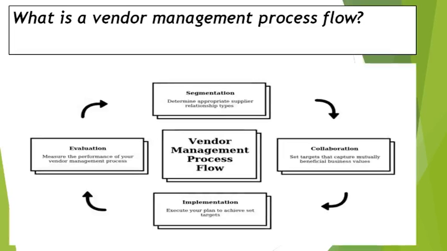So over here is the diagram which you can see, as we had already stated the 4 stages. Over here it is a circular flow of motion. As you can see, there is the segmentation, collaboration, implementation and evaluation. With this we have come to the end of the vendor management process flow topic.